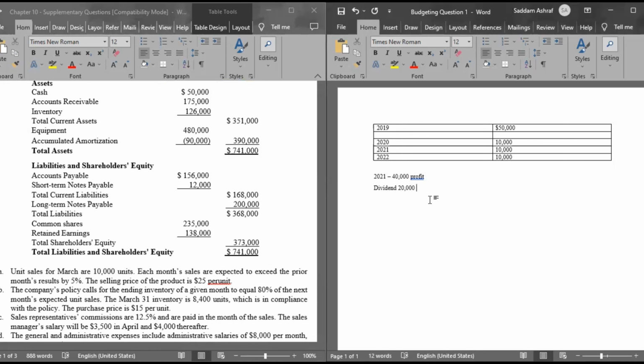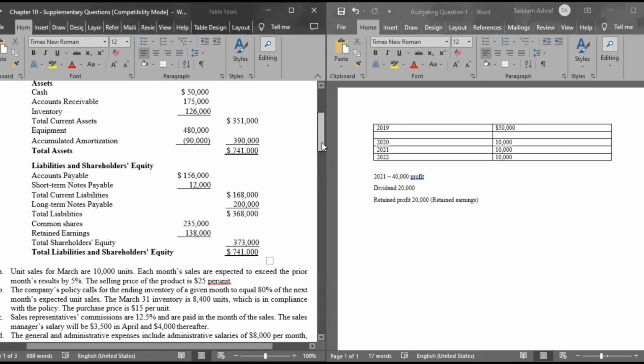After payment of 20,000, we still have 20,000 profit, and you retained that profit in your business. It is known as retained earnings. So you can say that the earnings you have not paid to your shareholders, but you have retained in the business, are known as retained earnings.